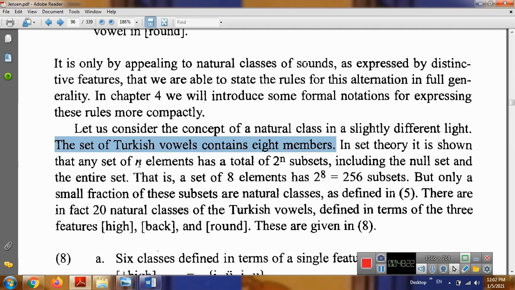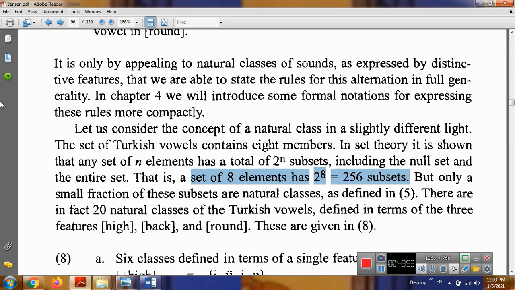In set theory, it is shown that any set of n elements, for example vowels, has a total of 2^n subsets, including the null set and the entire set. That is, a set of 8 elements, for example in Turkish, has 256 subsets.